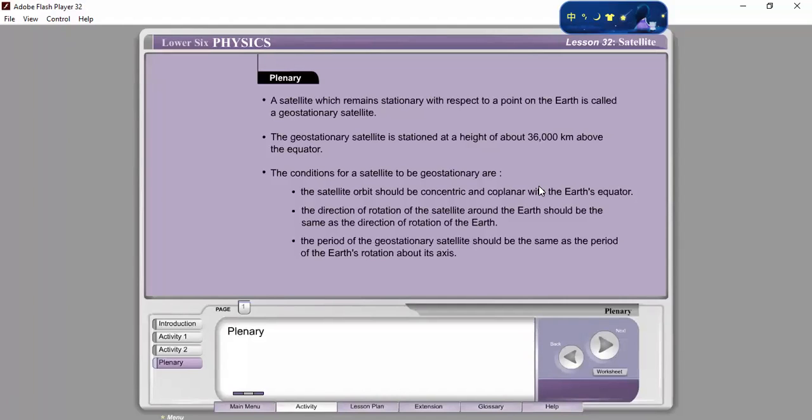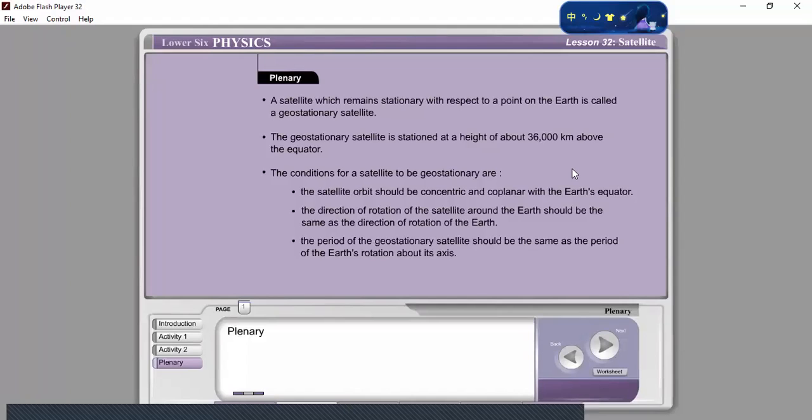There are three conditions for a satellite to be geostationary. The first condition: the satellite orbit should be concentric and coplanar with the Earth's equator, so that it moves along the greatest circumference of the Earth.